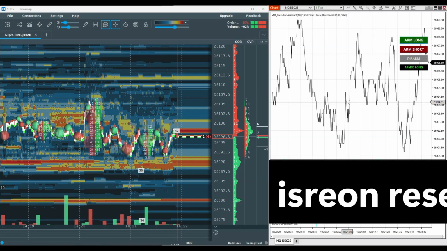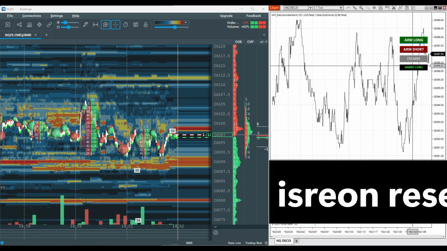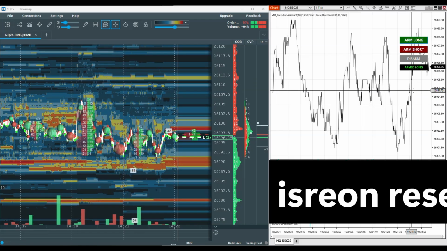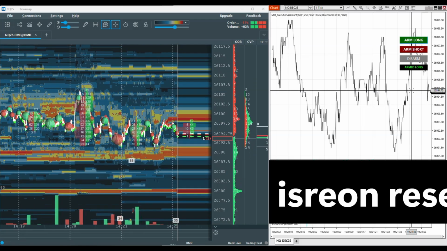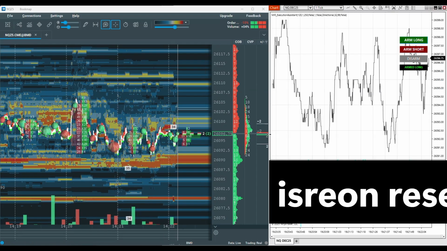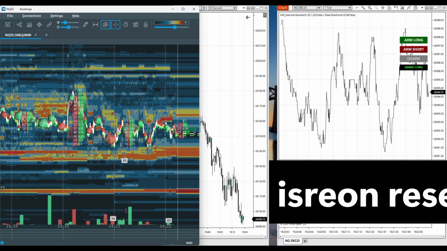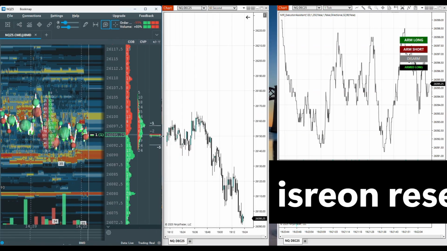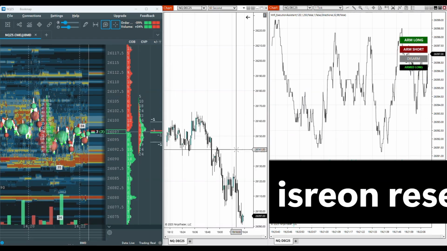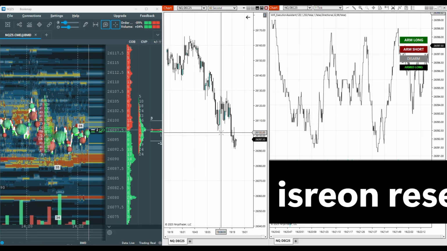So I'm just going to arm long. This will time out after 2 minutes as a safety mechanism in case you forget about it. I've got this 1 minute chart here for reference. You don't actually need candlesticks anymore.